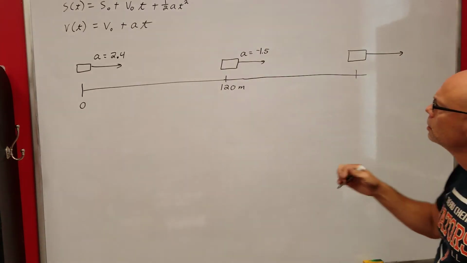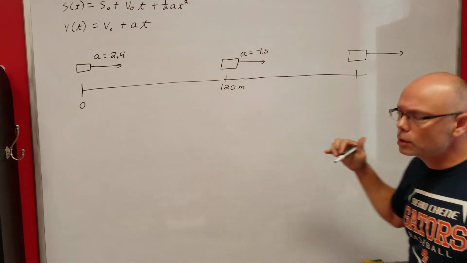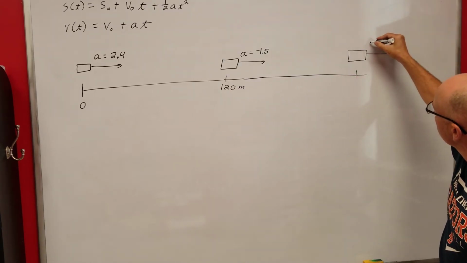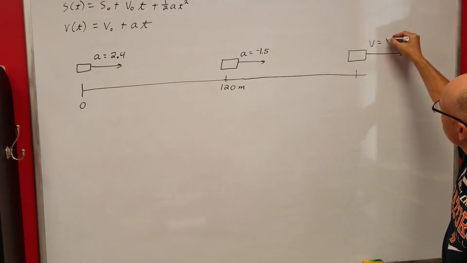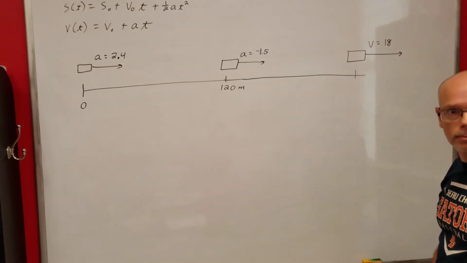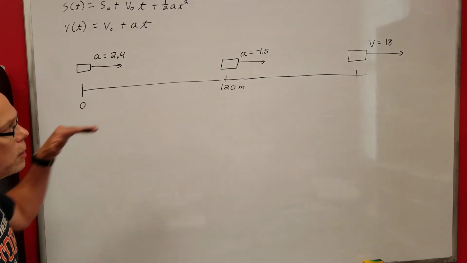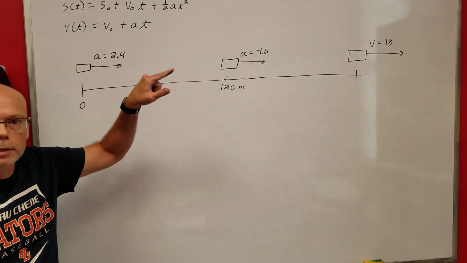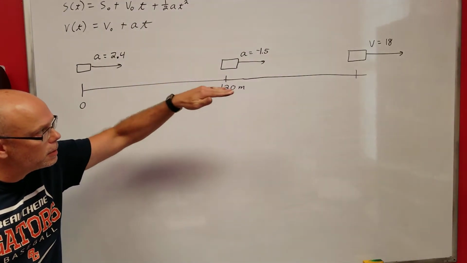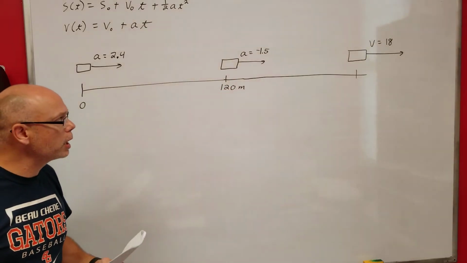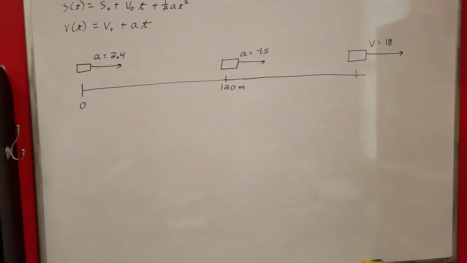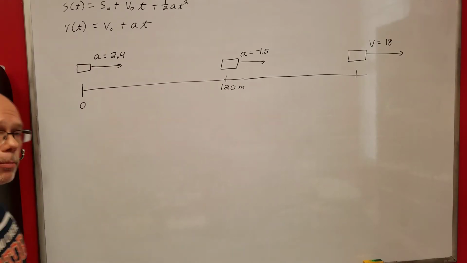Well, I'm going all in the same direction. Instead of putting speed here, let me put velocity here as 18. We can say it's going in this direction, so therefore it has a velocity of 18 meters per second in that direction, okay? And what does it say here? What is the distance traveled by the motorcycle at that point?